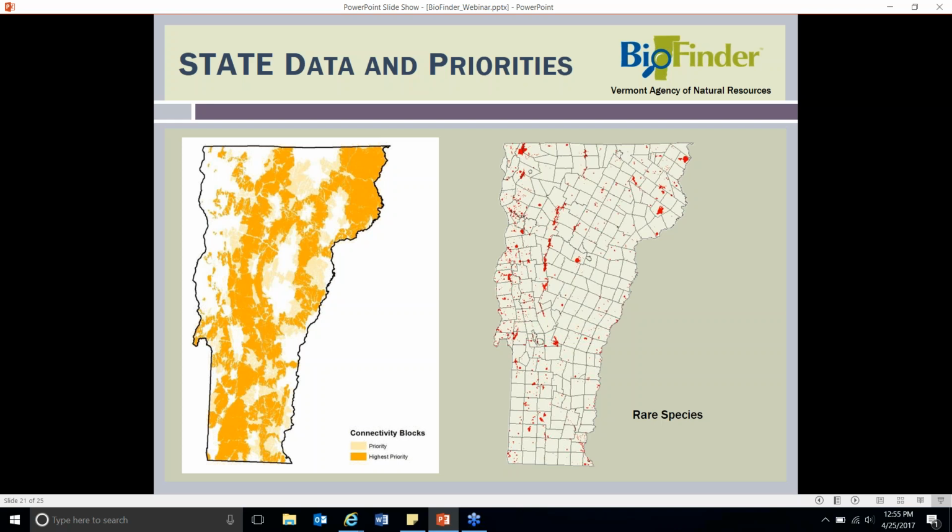By state data, what I mean is for something like rare species, we've never done an inventory of all rare species at the state. And so what we expect to find there is really just what the Agency of Natural Resources has collected as a state. But at a community level, you might know about a lot more resources that are not in our state's database.